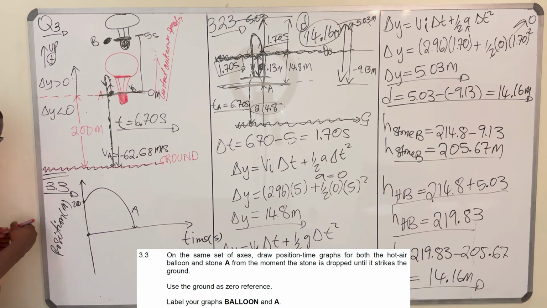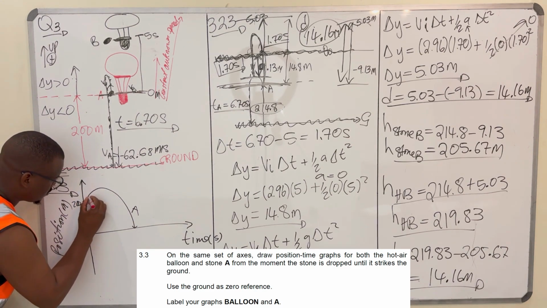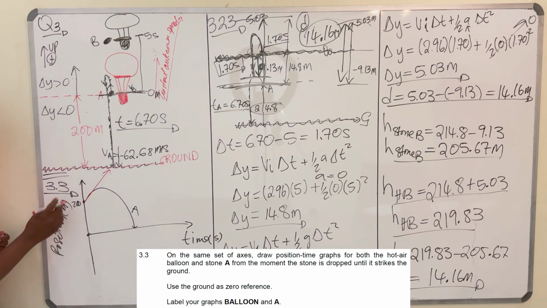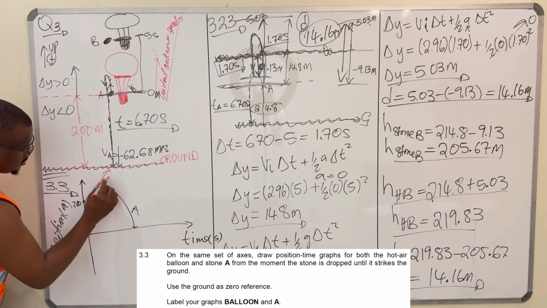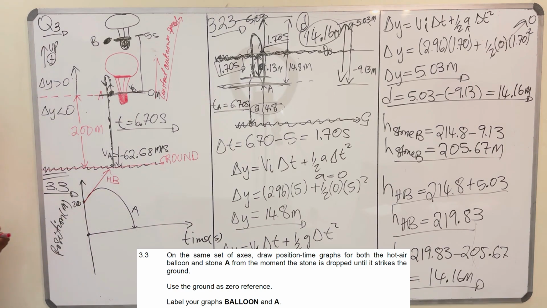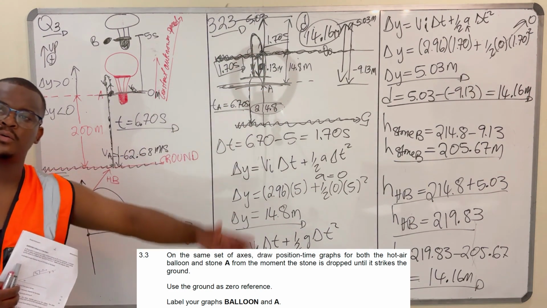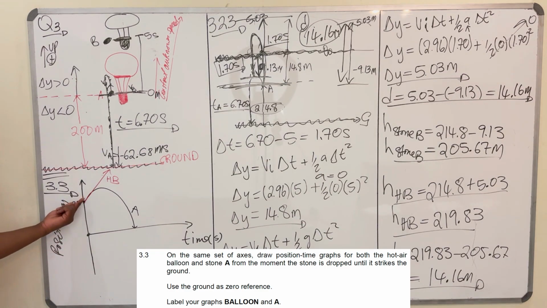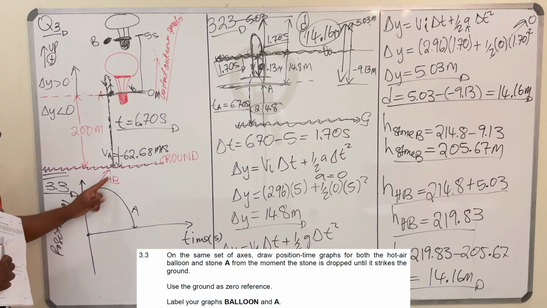So how do we show this? Show this on sort of a straight line like that. So this is your hot air balloon. It's constant motion. You can see it because it was rising at a constant rate.